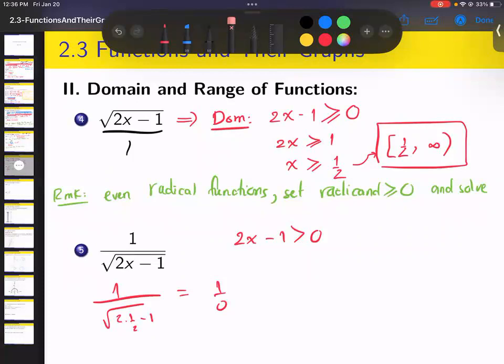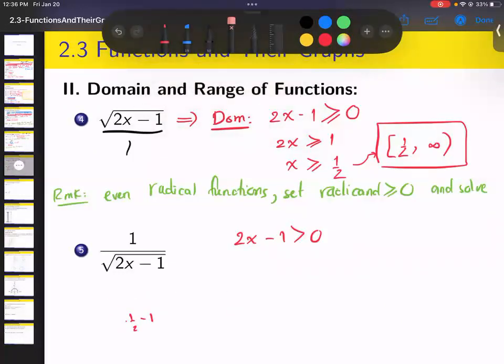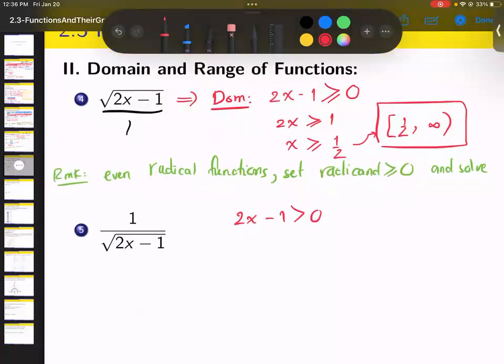So 2x minus 1 is strictly positive. x is strictly greater than 1/2.